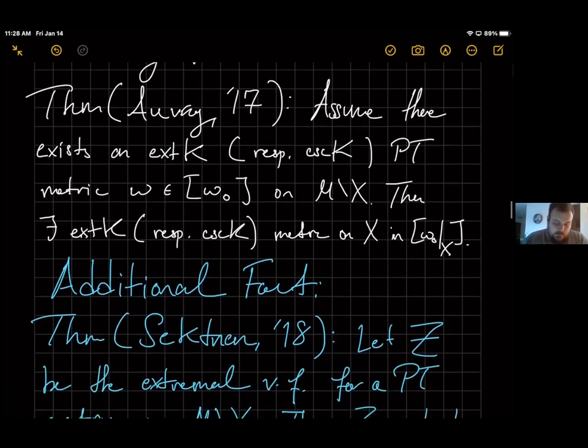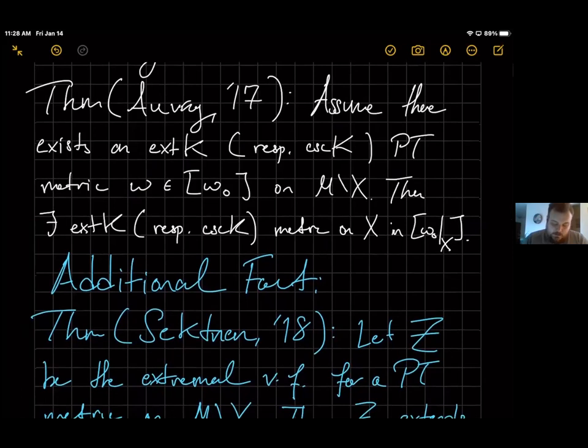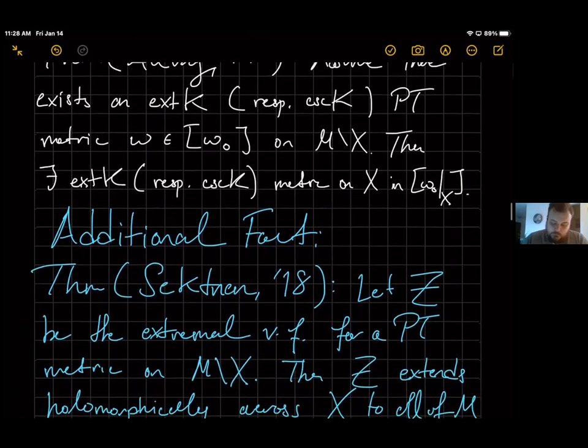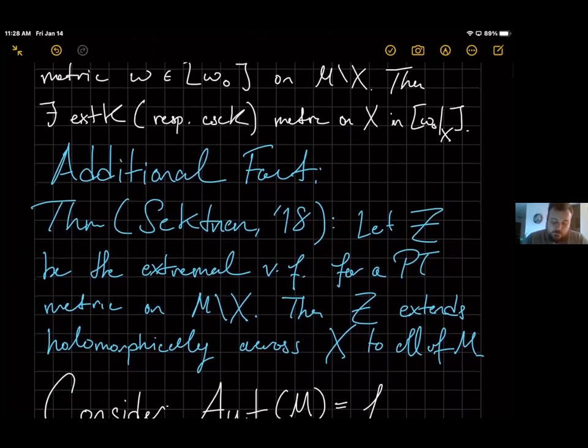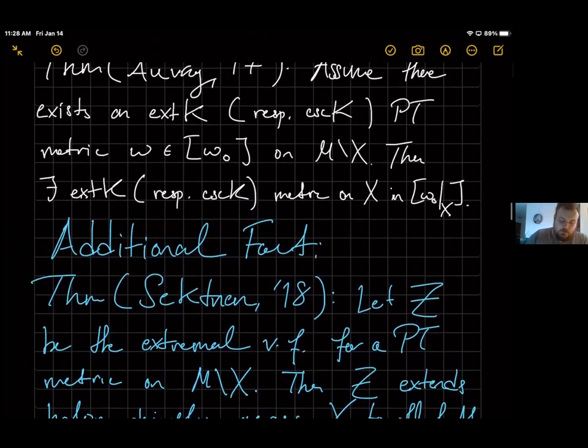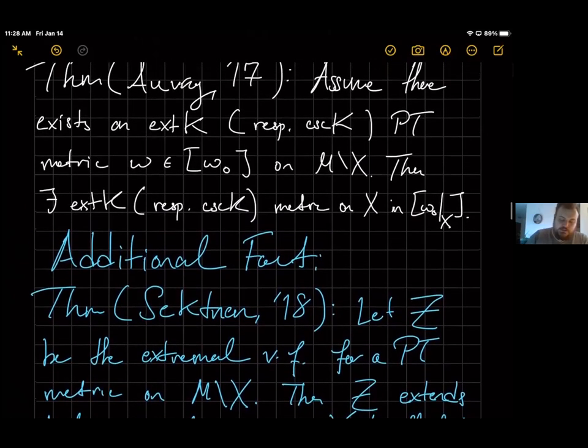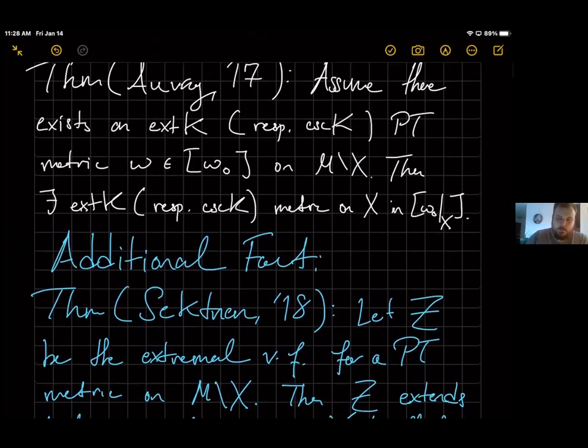And to illustrate why this causes a problem, I'll include this additional fact, which is quite handy in this setting, from Lars Martin Sektnan. So from the get-go, we know that an extremal Kähler Poincaré-Type metric, what does it mean to be extremal? It means the gradient of the scalar curvature is a holomorphic vector field.